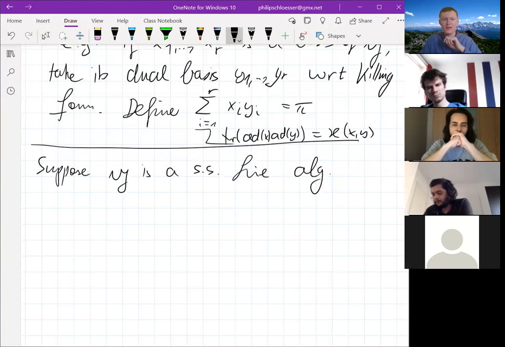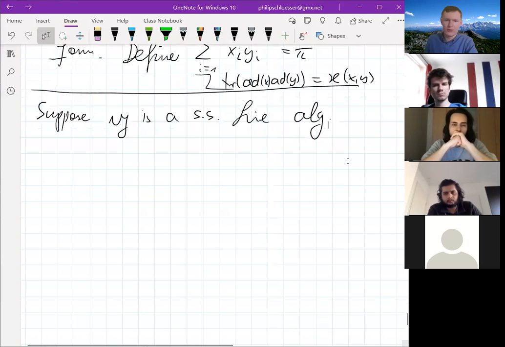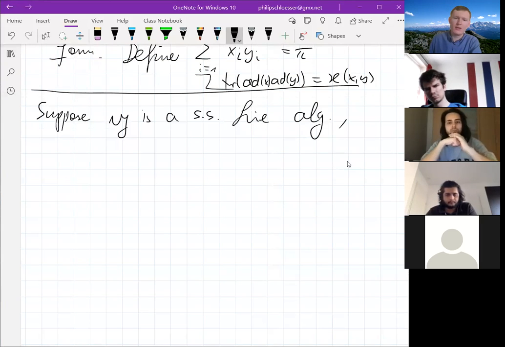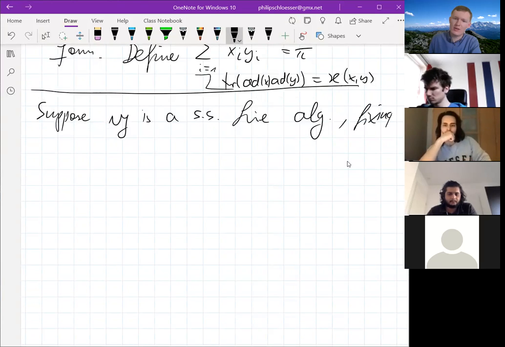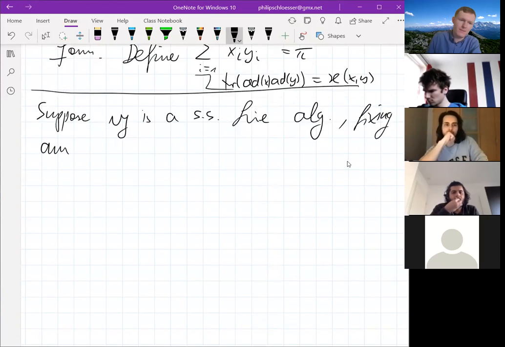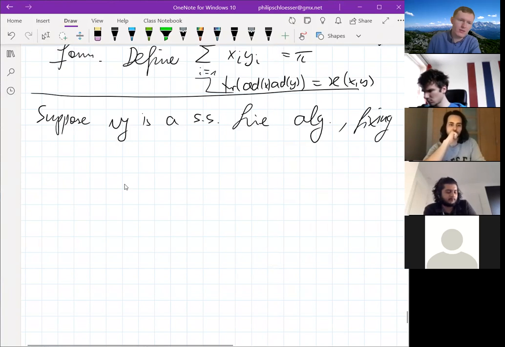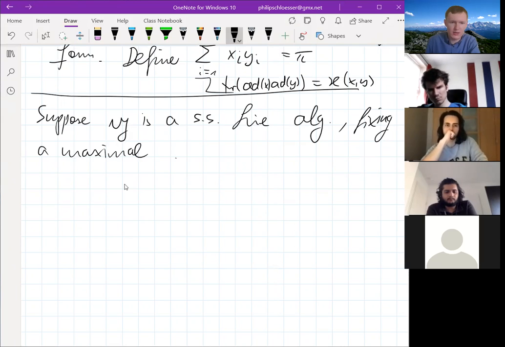And thirdly, all of the information is contained in the adjoint representation. And what is usually done is that we are fixing a maximal abelian subalgebra.